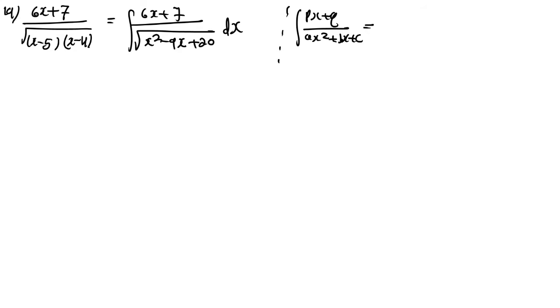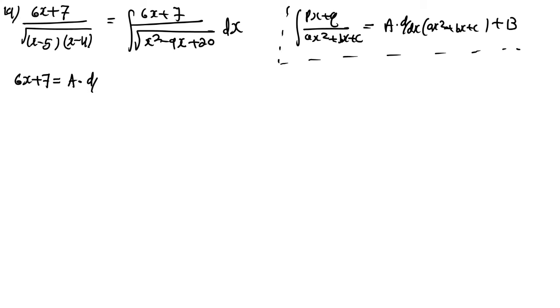So you need to write it as a into d by dx of (ax square plus bx plus c) plus b. So here 6x plus 7 is equal to a into d by dx of the denominator term x square minus 9x plus 20, plus b.